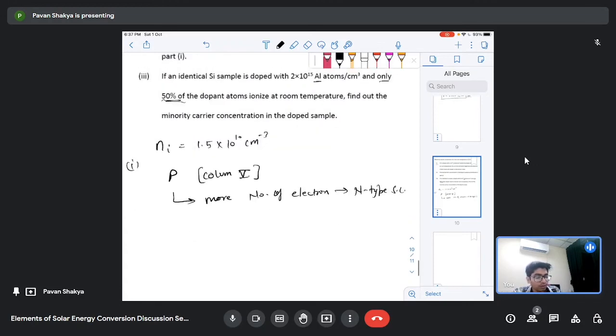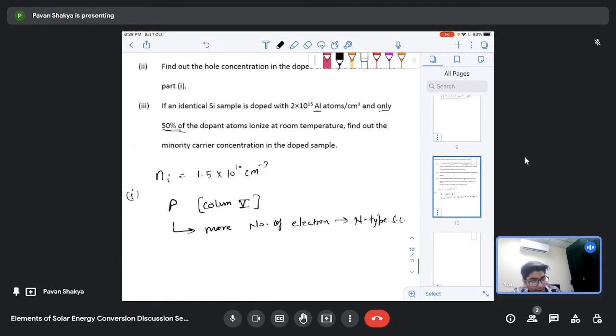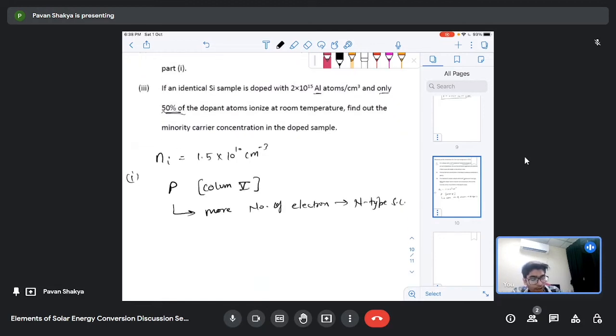In the problem, the doped number of atoms is given as 1 into 10 to the power 16, and it has been given that all the dopant atoms are ionized. It means that what we are doping, all are contributing to the ionization.